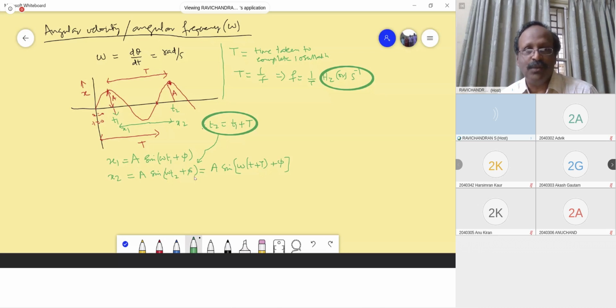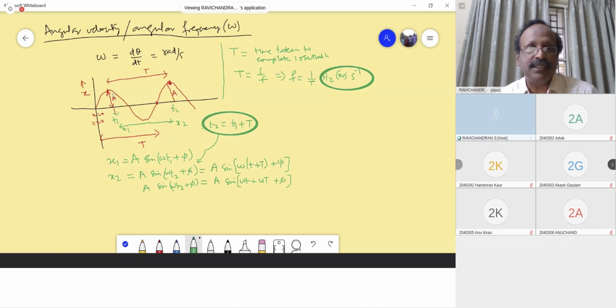So now if we have added something here, it is equal to A sine of omega T plus omega T plus phi, equal to A sine of omega T2 plus phi. Correct? Any doubt in this part?